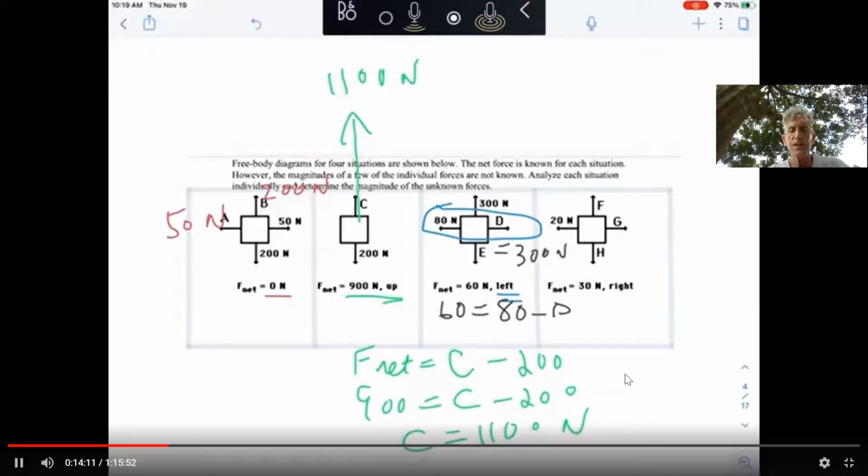Because they told us that the F net is to the left. So solving for that, D is equal to what? 80 minus 60, 20 newtons.